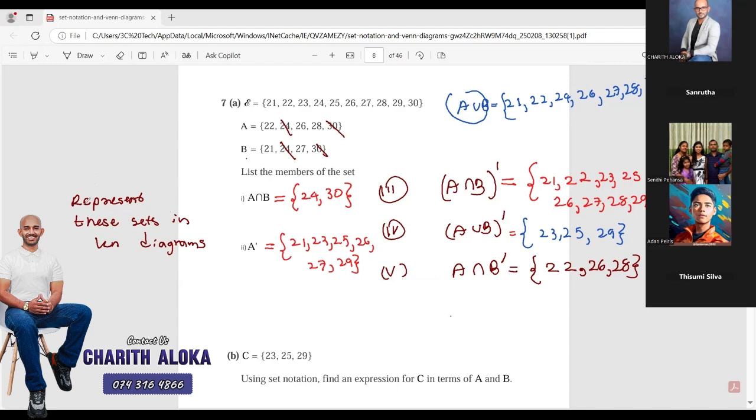So, Putta, you wrote this down. Shall I start the other one, Putta? Venn diagrams then? Okay, sir. Okay, good. The first one. I'm going to do the first one.